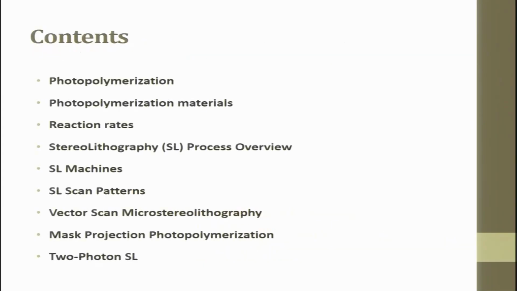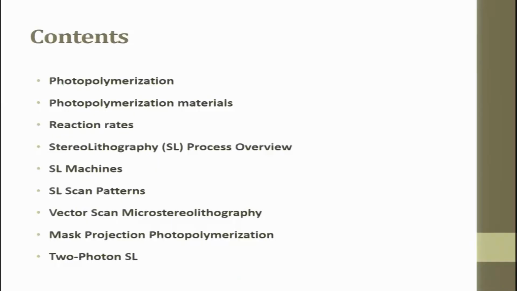In order to understand rapid prototyping processes in more detail, we will first see the science or the principle behind these processes. So, first we will try to see polymerization, that is photopolymerization. Then we will see photopolymerization of materials.